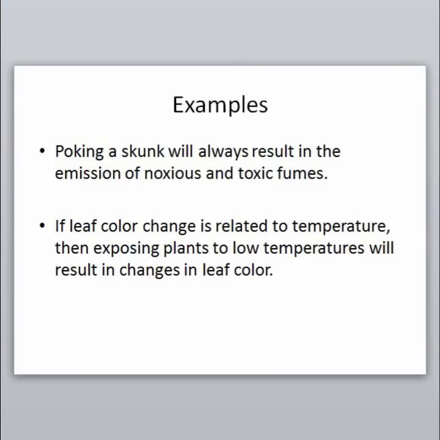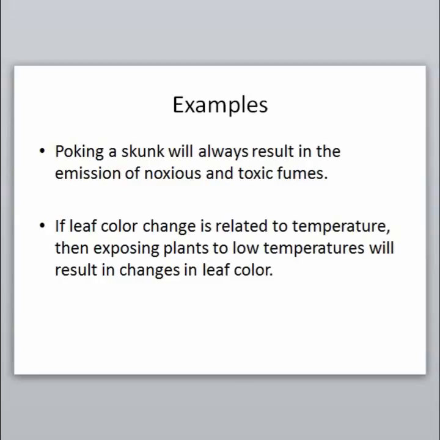The section of 9a is just to practice identifying what's the input and what's the output in a scenario, which variable determines the other. Here's an example: poking a skunk will always result in the emission of noxious and toxic fumes. There are 2 things going on here. One is that somebody is poking a skunk, and the other is that toxic fumes are being emitted.